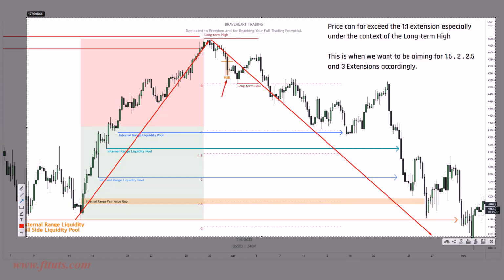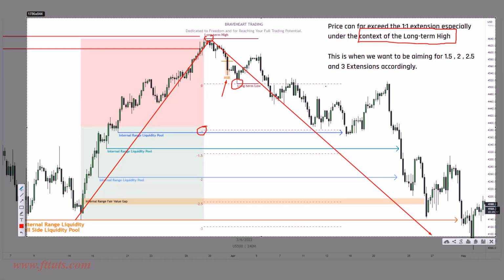We then want to use the parent price range and aim for at least a one-to-one extension. But if we understand that the context of the long-term high is to fully reverse price, especially with the narrative and context from the monthly and the weekly chart, then price can far exceed a one-to-one extension, okay?